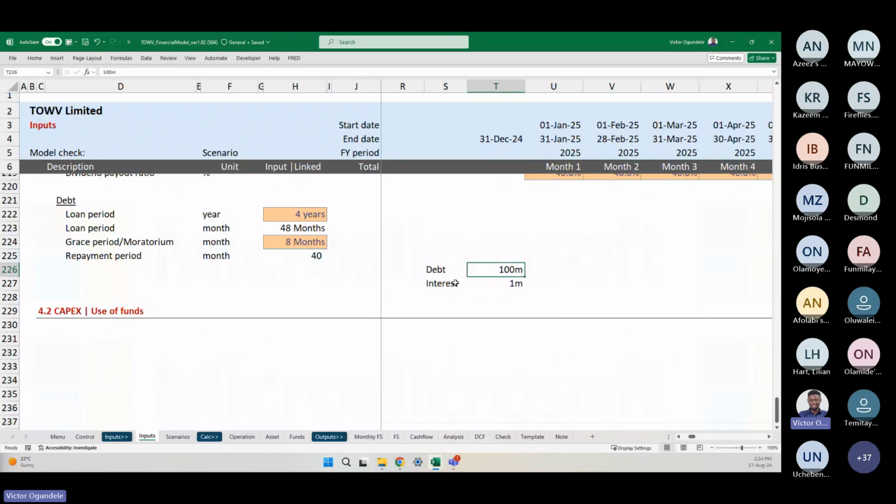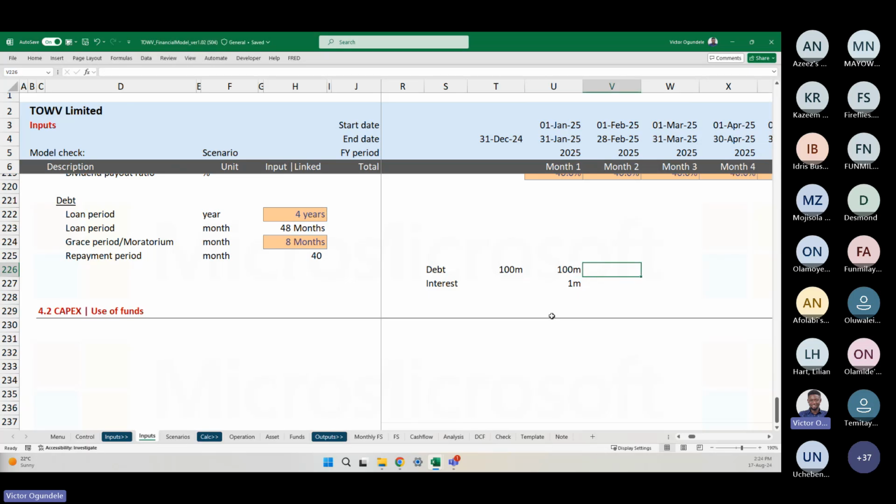So you took a debt of 100 million in base 1, right? So in month 1, we calculated our interest expense to be what? 1.1, right? So which means in month 2, our debt balance will no longer be 100 million.